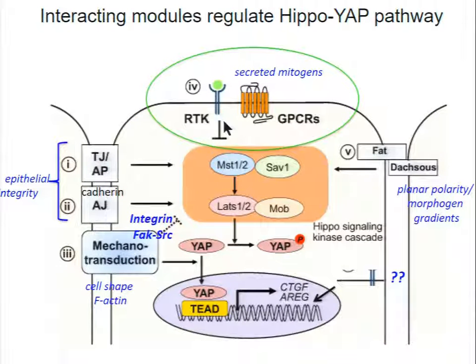So I'm really not going to talk about the cadherins that much now because we're actually going to talk a little bit about other mechanisms that regulate the interaction between growth factor mitogen pathways and the Hippo pathway.